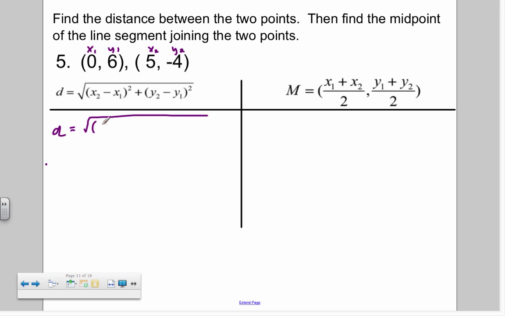X2 minus x1 will be 5 minus 0 squared. And y2 would be negative 4 minus 6 squared.